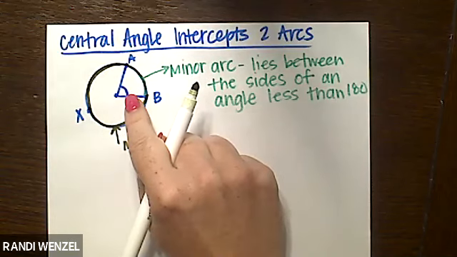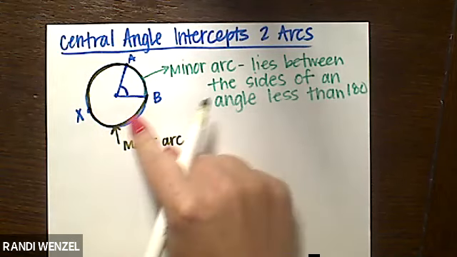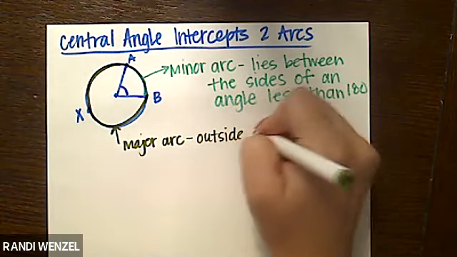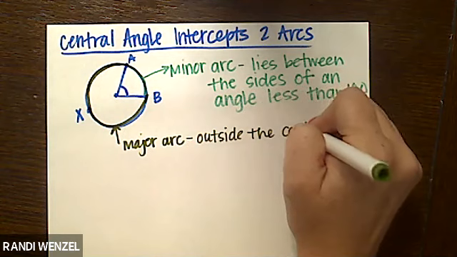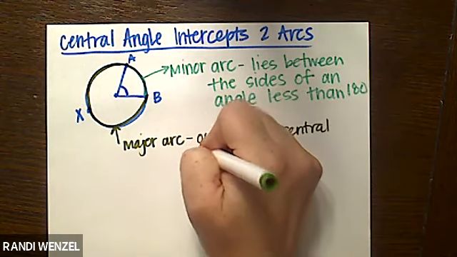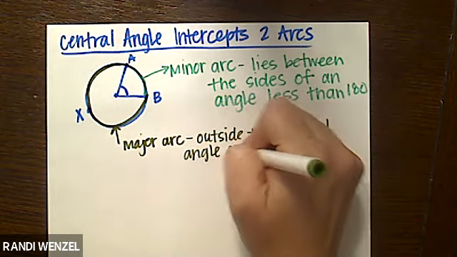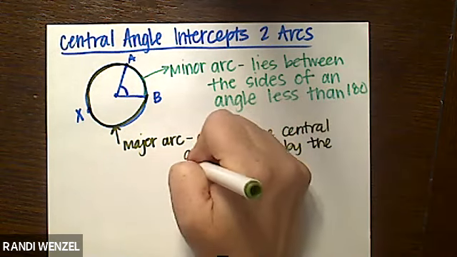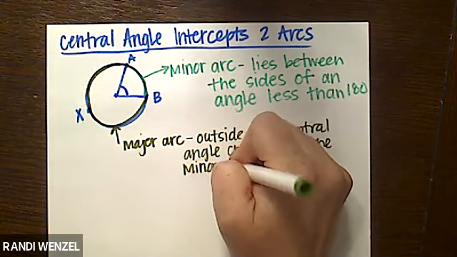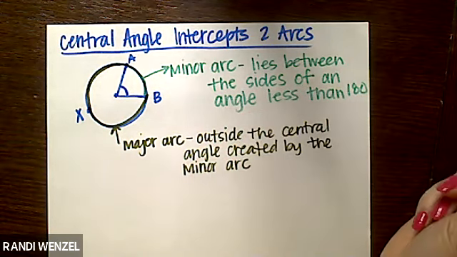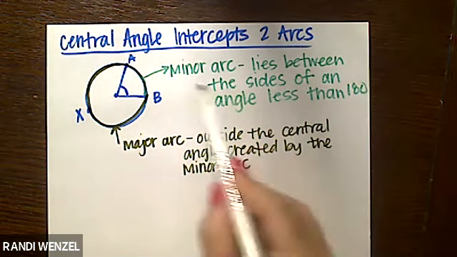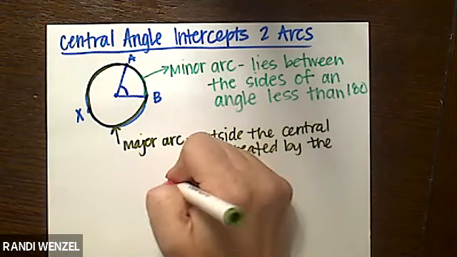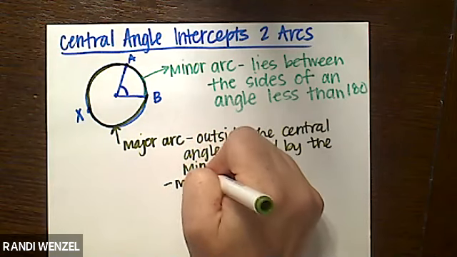This is our central angle, and the major arc would be outside that central angle. The minor arc is always less than 180. A major arc is always greater than 180.